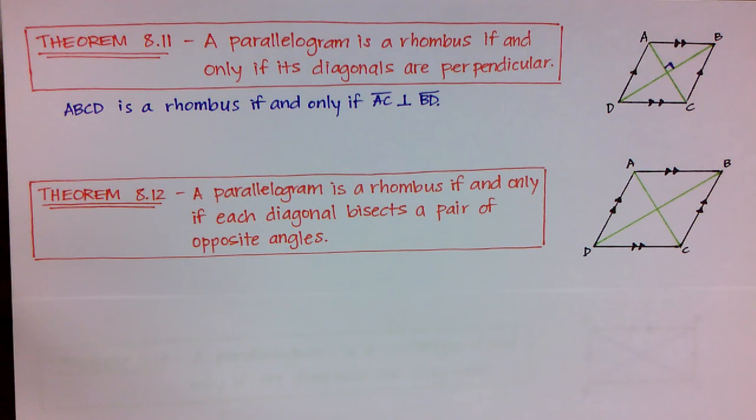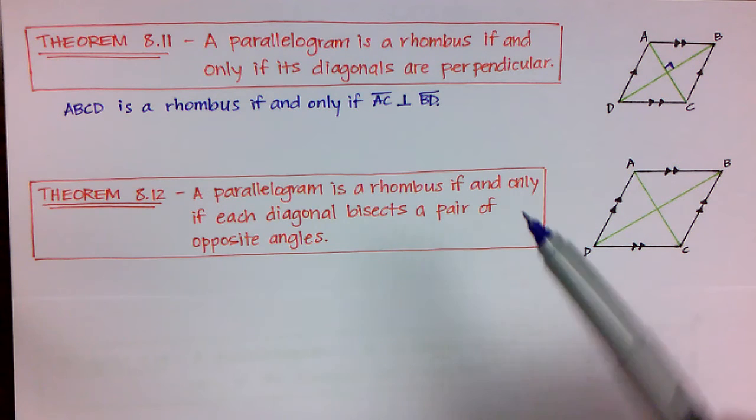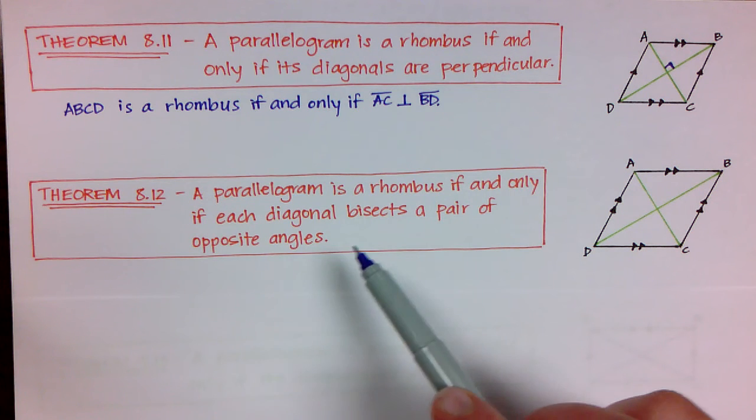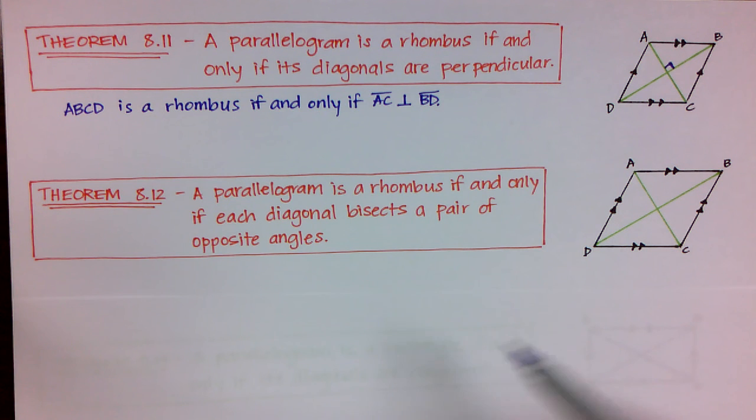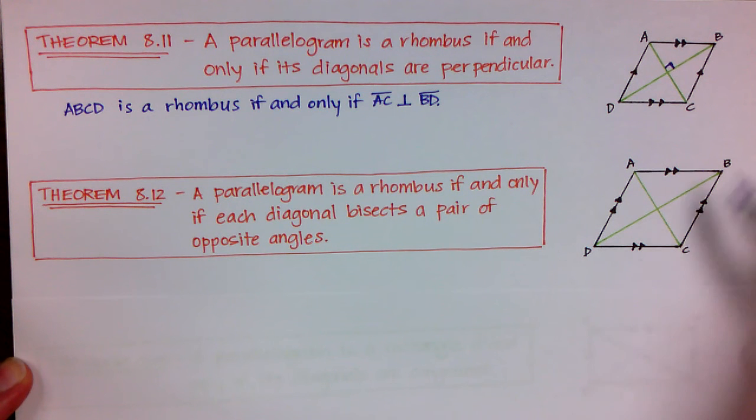It is Theorem 8.12, and it says, a parallelogram is a rhombus if and only if each diagonal bisects a pair of opposite angles. So again, when we see those statements, if and only if, that means it goes both ways, that I can start with the conclusion and lead up to the premise. So here again, I have a parallelogram as shown by the arrows.